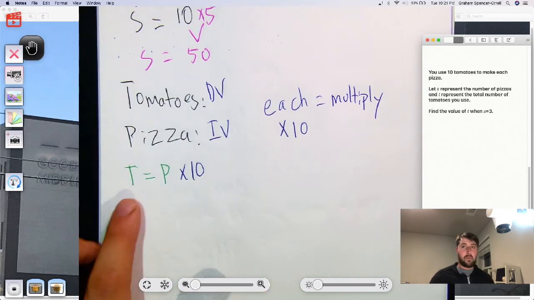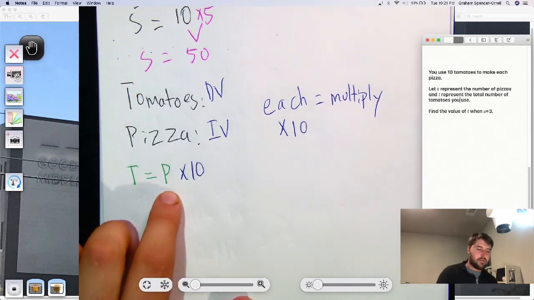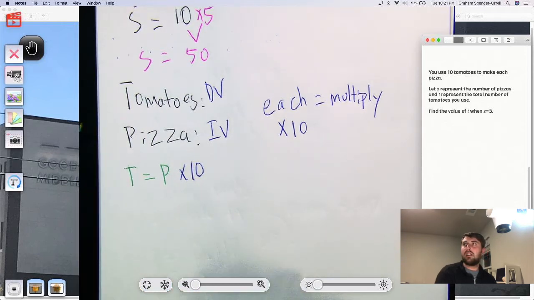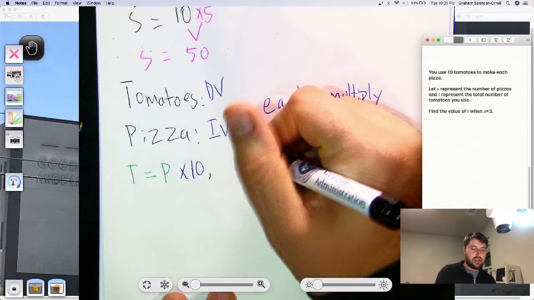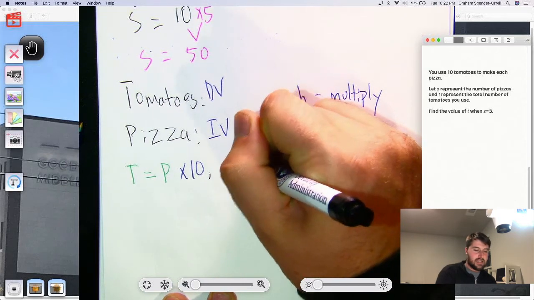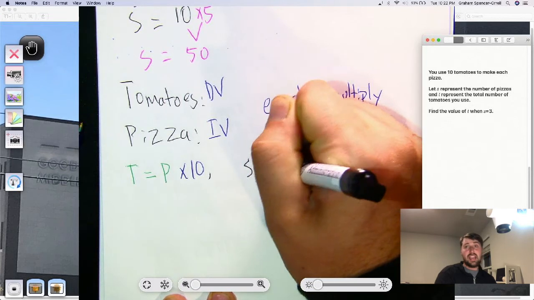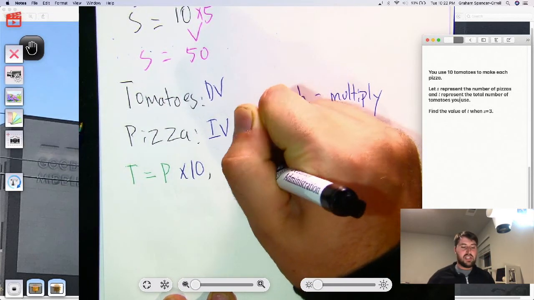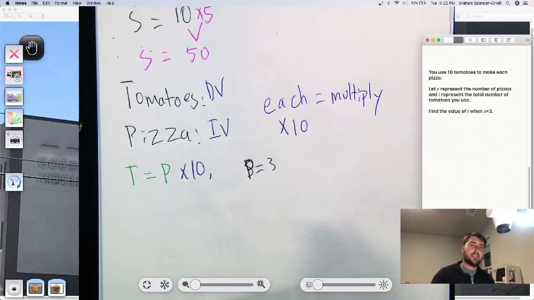Now, it's asking us, how about when we make 3 pizzas? Or when S equals 3? I've been using P, sorry. So we're going to keep using P. You can use S, you can use P, as long as you use the same letter. When P equals 3, how many tomatoes do you need?